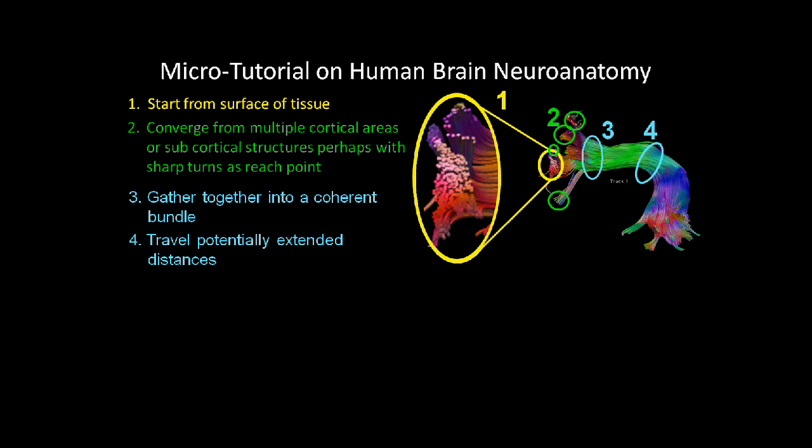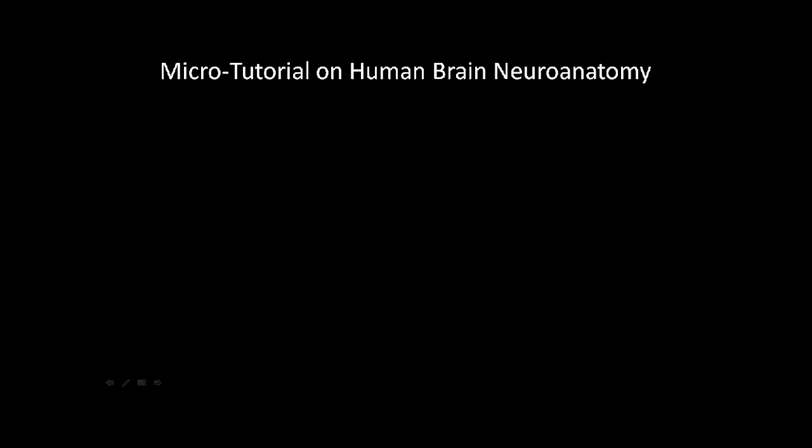Then typically they travel for some distance in this cable mode, and then at the end will again splay out to the different locations within that set. So this is an illustration of a sample fiber track.